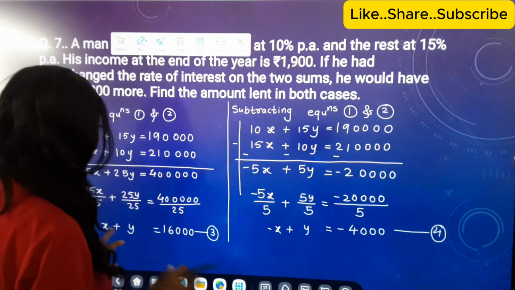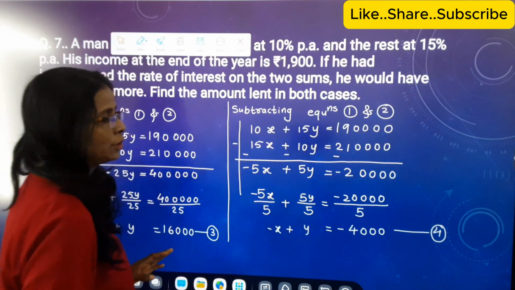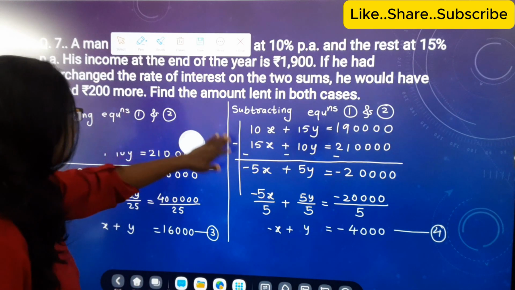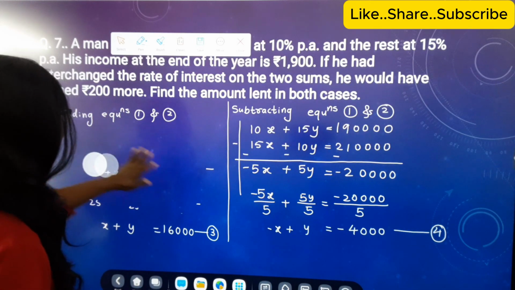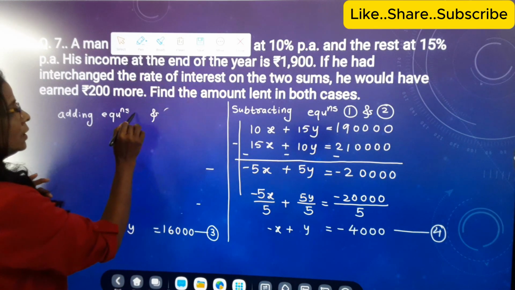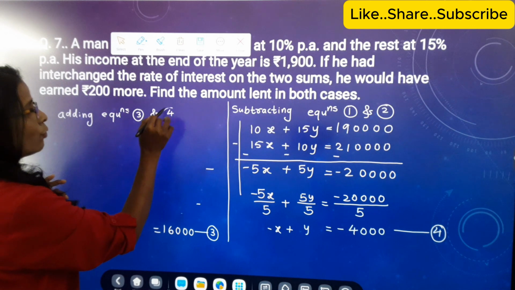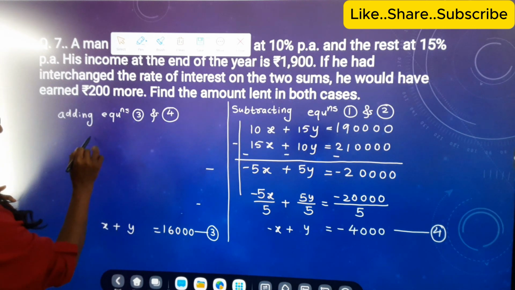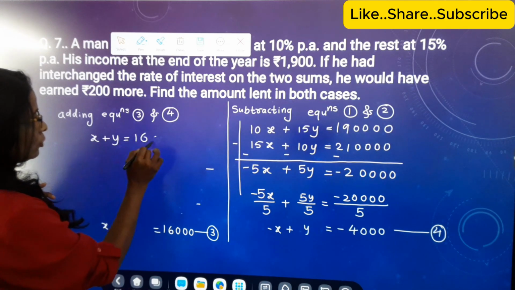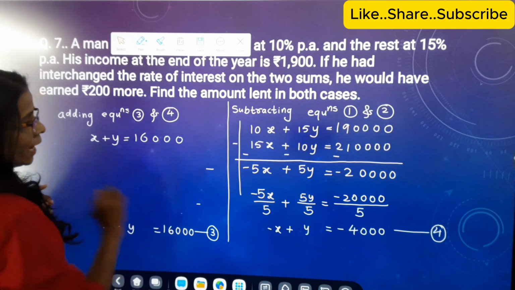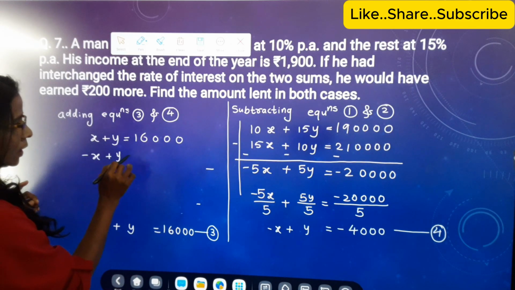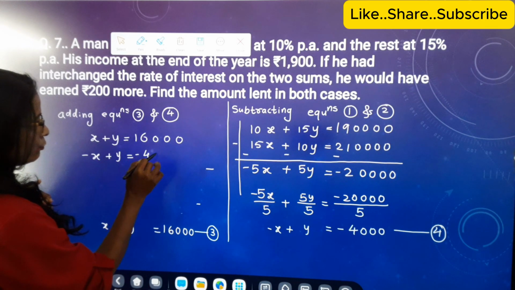Now we have the third and fourth equations. Then we add equations 3 and 4. The third equation is x plus y is equal to 16,000, and the fourth equation is minus x plus y is equal to minus 4,000.